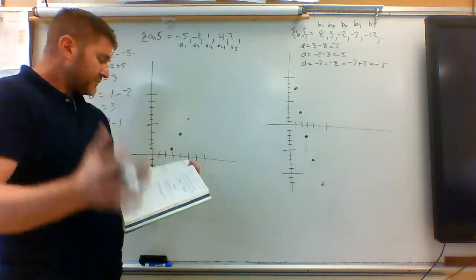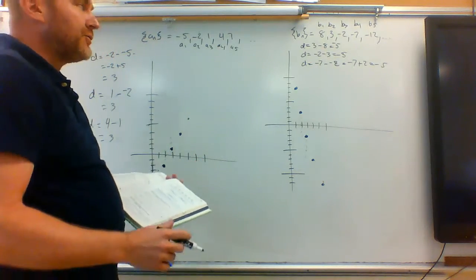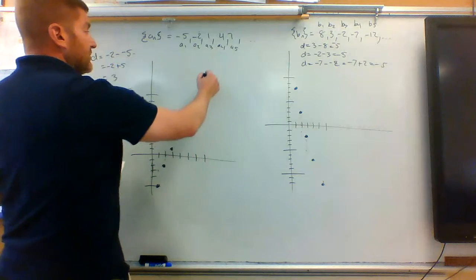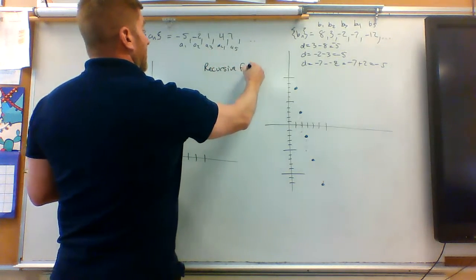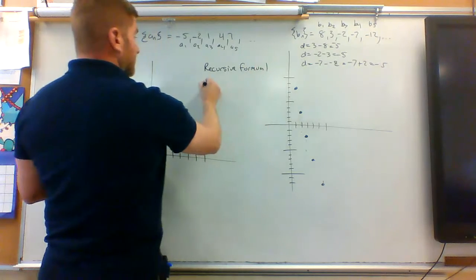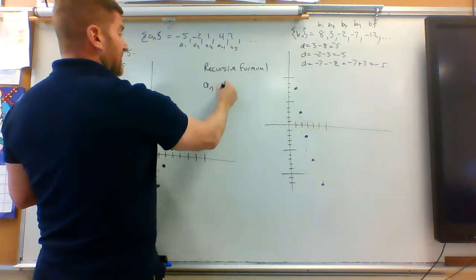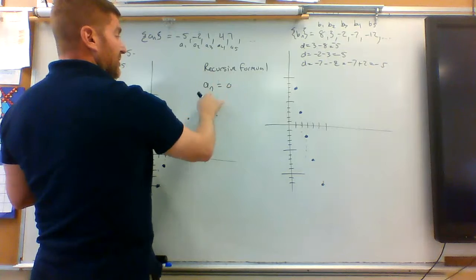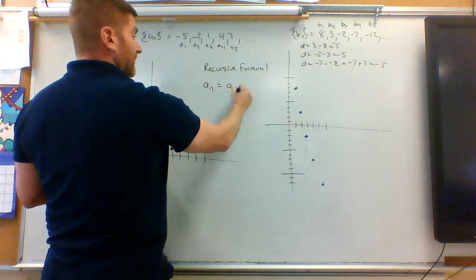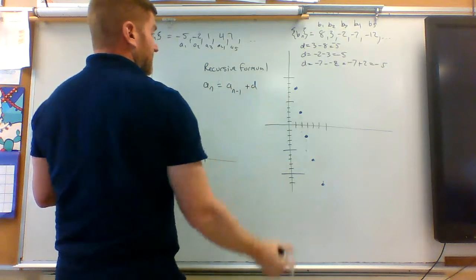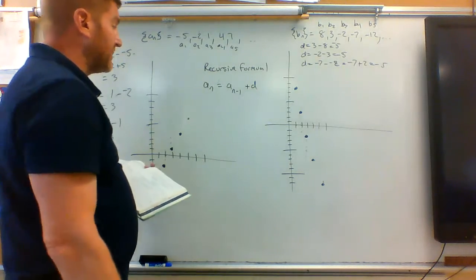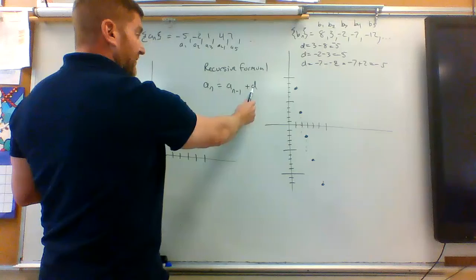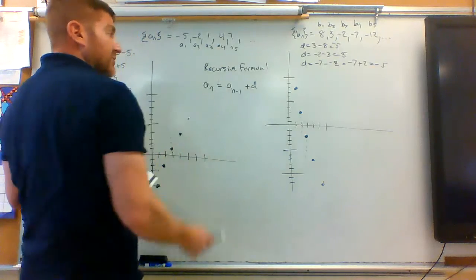All right? So if we were to do a recursive formula, whatever term you're looking for is the term before plus your common difference. And that's going to be every arithmetic recursive formula because you're really just adding your common difference to the previous term to get your new term.